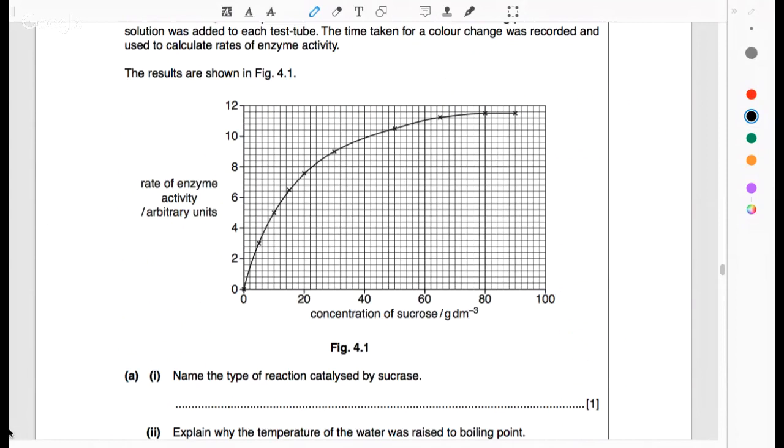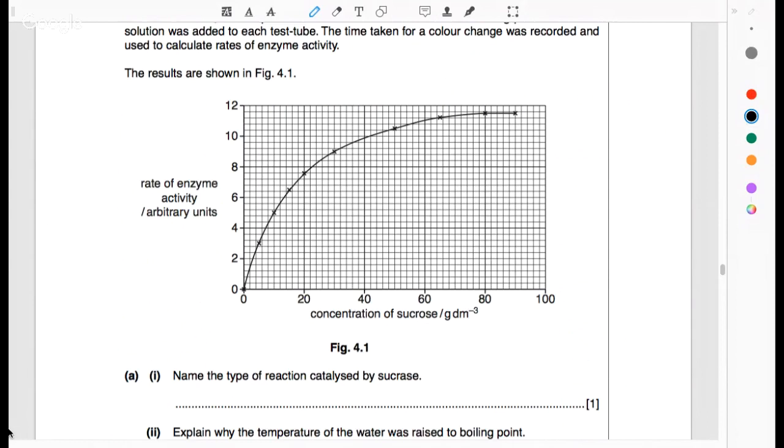Now explain it. So for the first point, that it increases, the substrate concentration, the substrate is the limiting factor. Good.